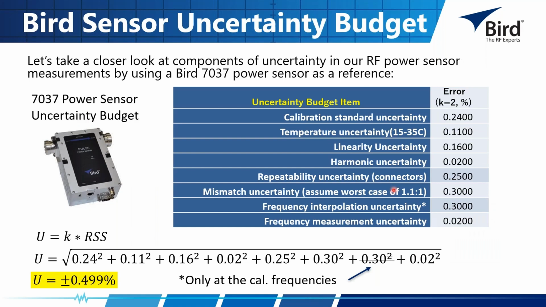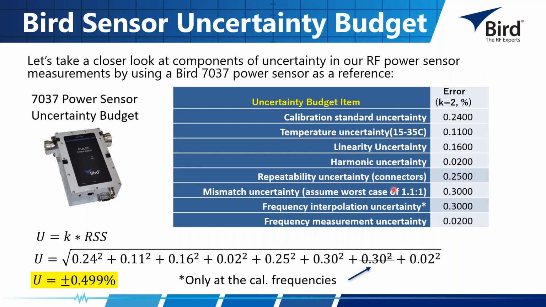So when I'm typically thinking of uncertainty, being on the vendor side of everything, I'm usually thinking in terms of uncertainty budgets that we have for our power sensors. I figured this would be a great way to start the discussion, taking a look at what goes into flushing out any variations that can happen in a power measurement for a sensor.